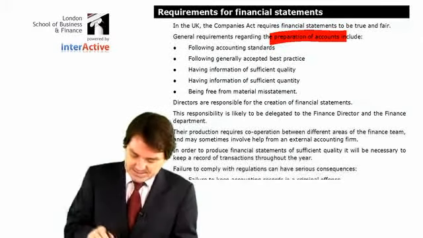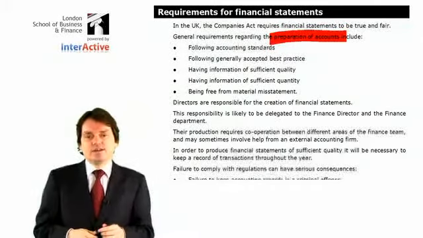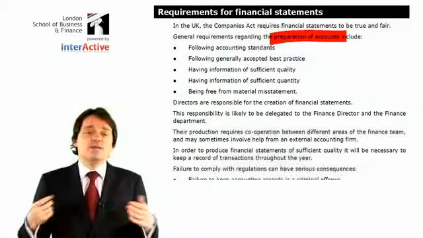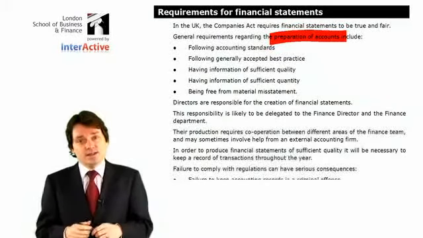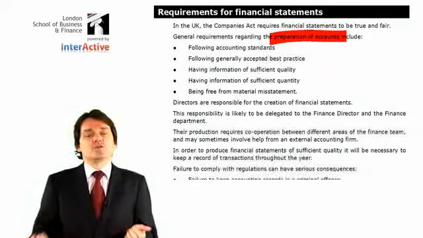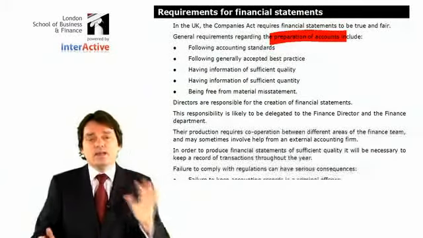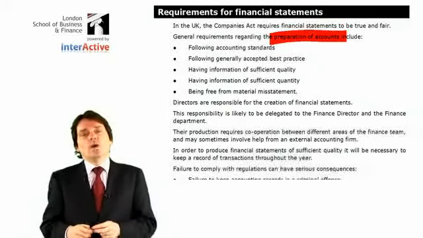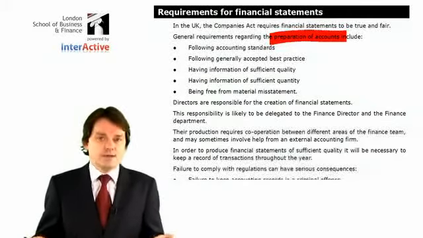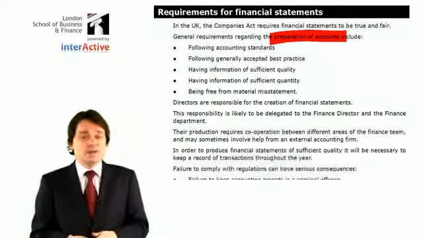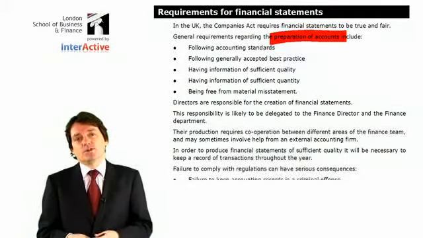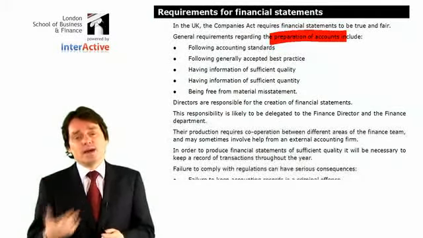Underneath that, it says being free from material misstatement. Now again, this is something you'll look at in F8. A misstatement is something that's wrong. Now, in F3, it would be nice to think that our accounts will always be correct, but they won't be. Accounts will always be wrong because you're always making a judgment over who's going to pay you.